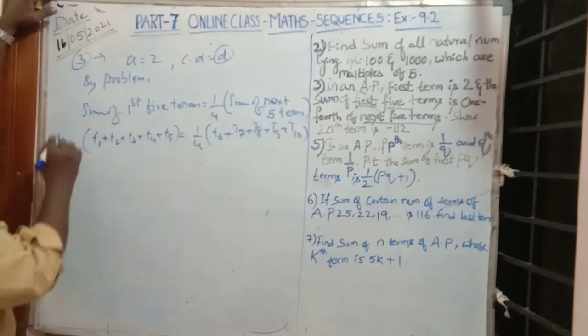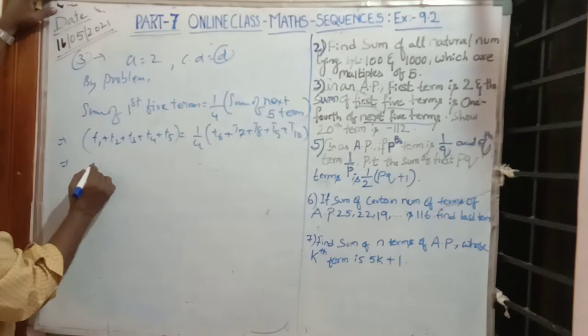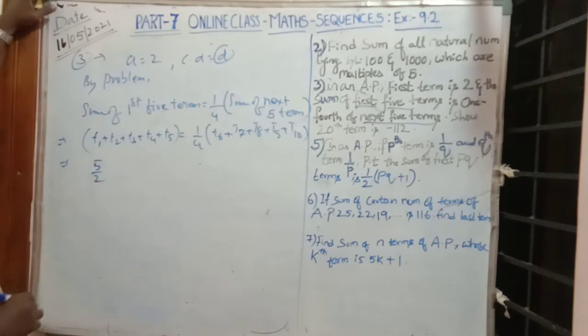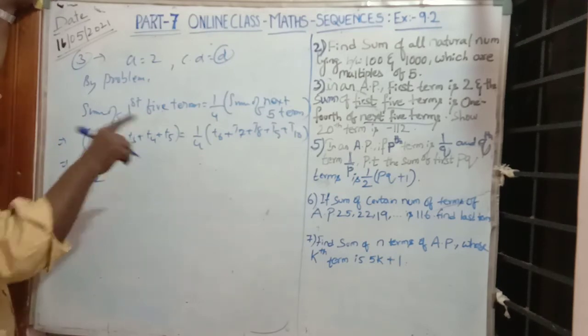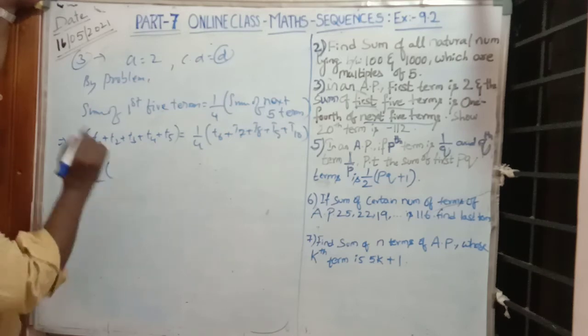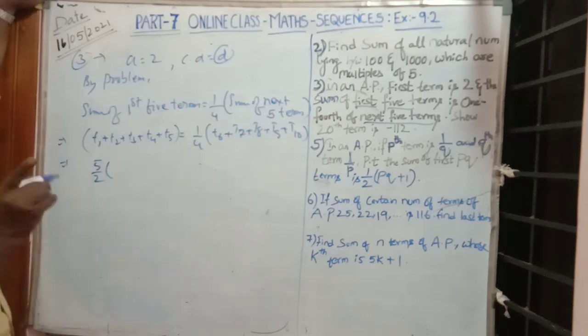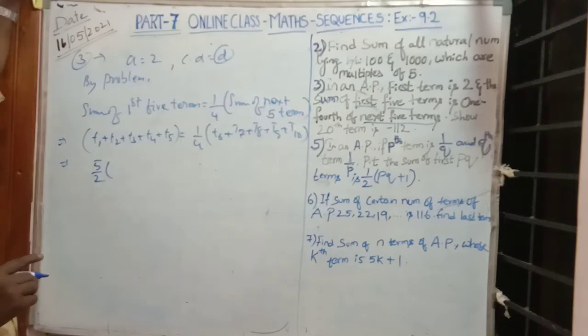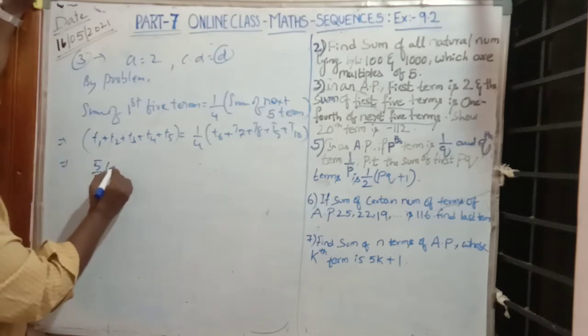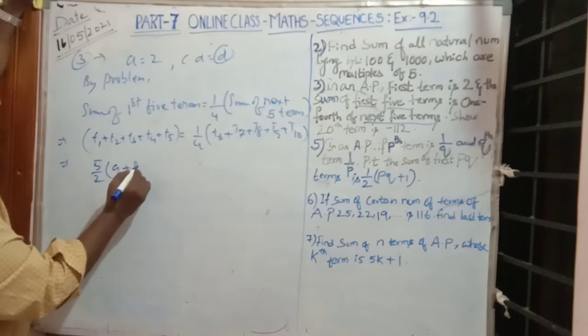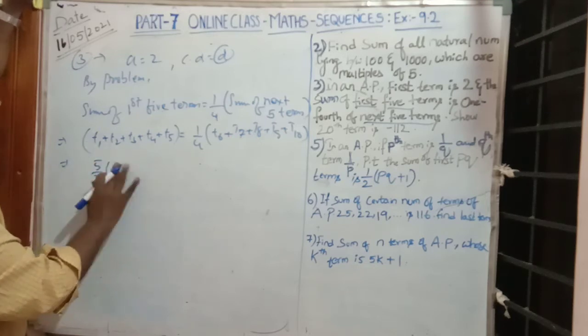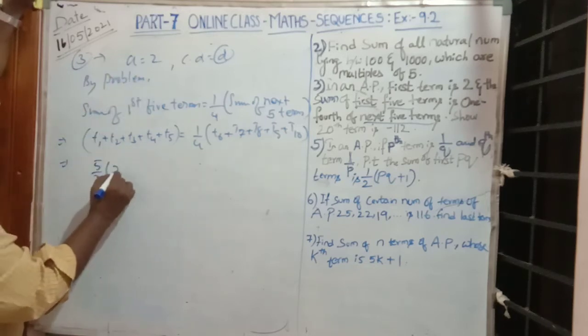Sum of numbers in an AP is n by 2, here 5 by 2, since there are 5 numbers, times A plus L. What is A? A is T1, which is 2.